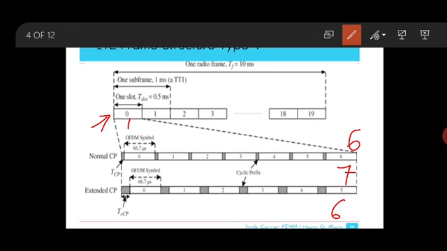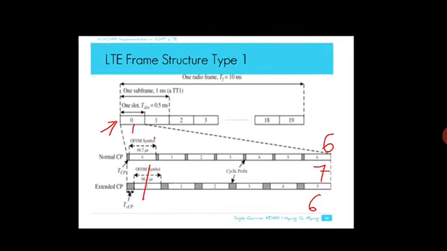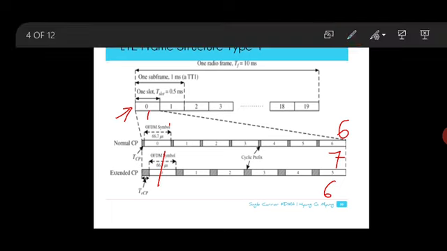It is guarded with a cyclic prefix, on the OFDM subcarriers. Similarly, for extended CP, each symbol again consists of 66.7 microseconds. Now you can see TCP, it's a guard interval: TCP for normal CP, TECP for extended CP.